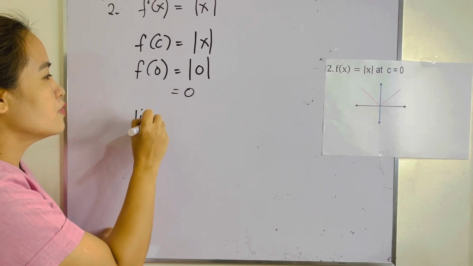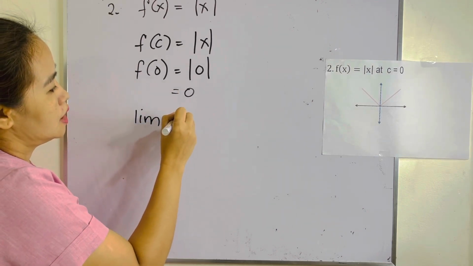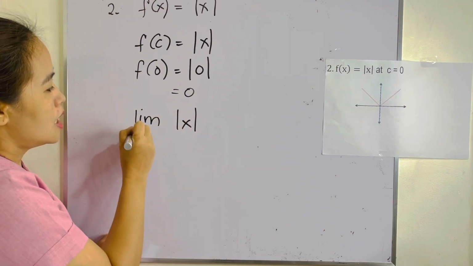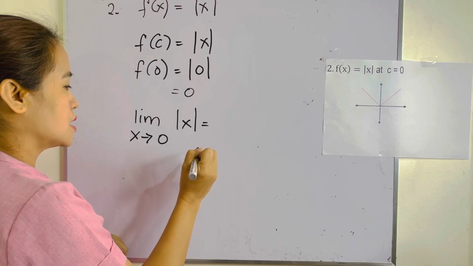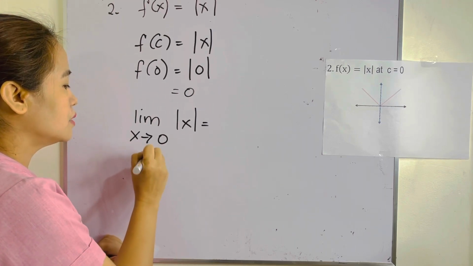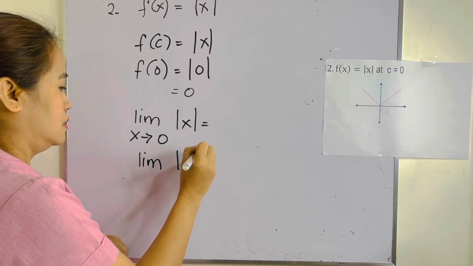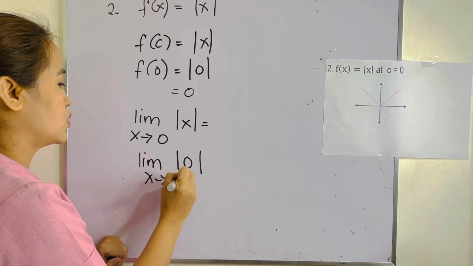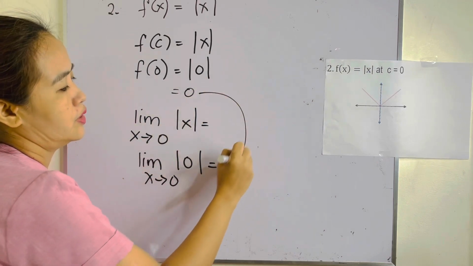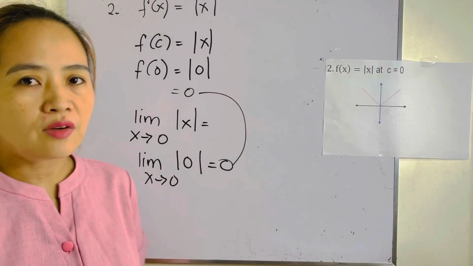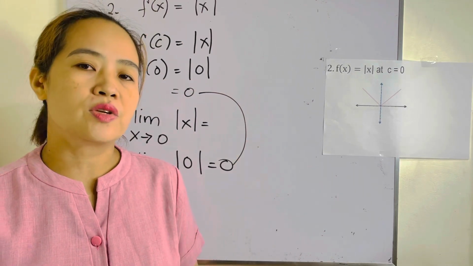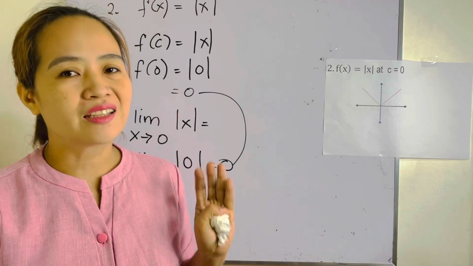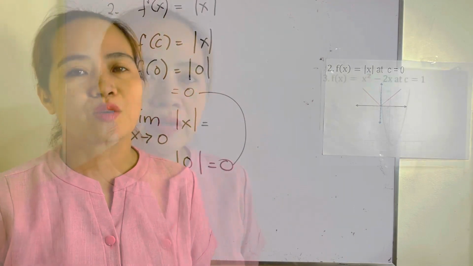Next, the limit of f of x, that is the absolute value of x, as x approaches 0. So this one is equivalent to the limit of 0 as x approaches 0, which is also 0, and they are equal. So meaning to say, the function is differentiable at c equals 0, and at the same time, it is continuous at c equals 0.